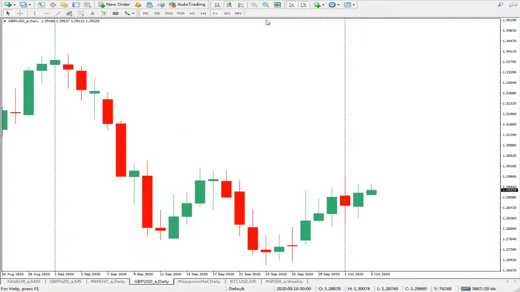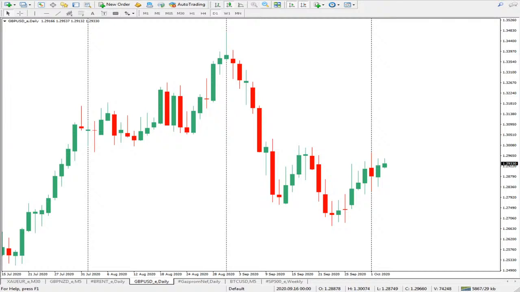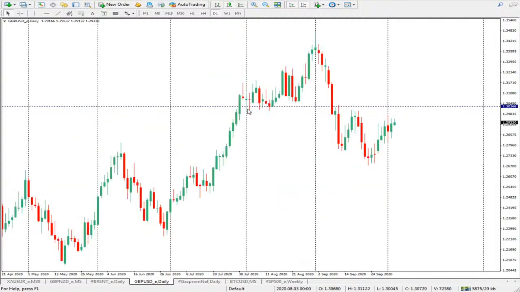If you look at this chart properly, we have a level where the price may likely get to. Look at this level here. We do have a very good support here.